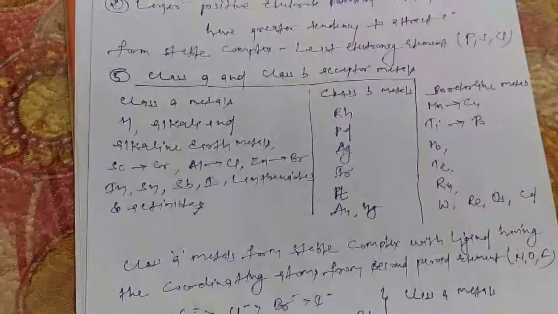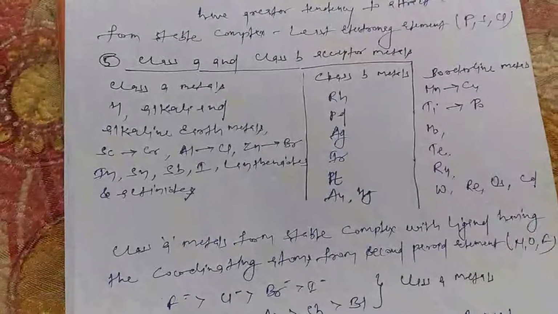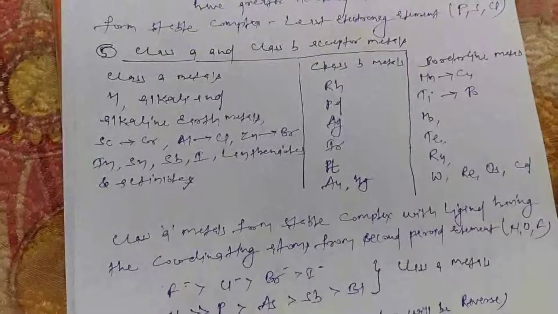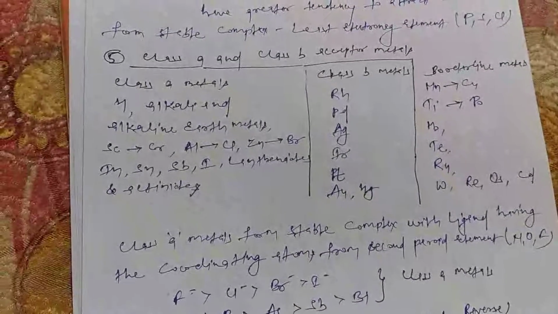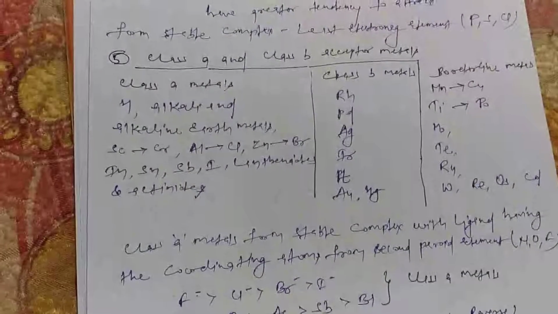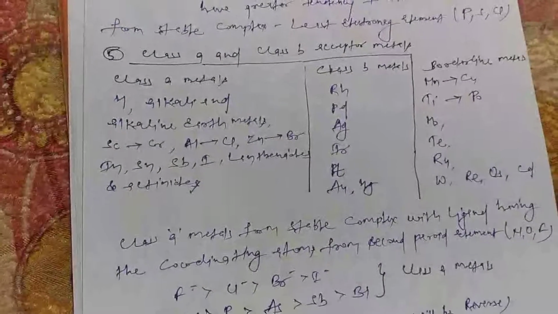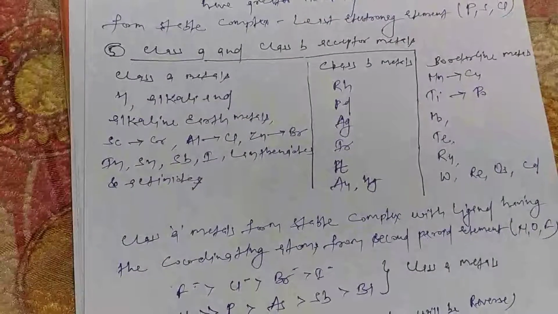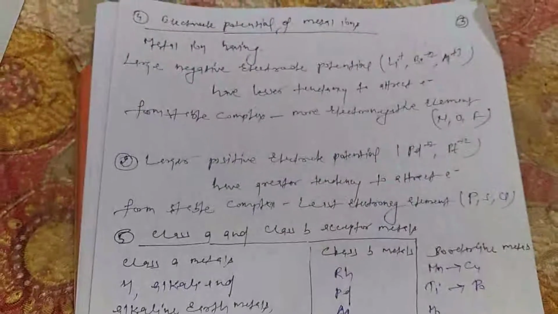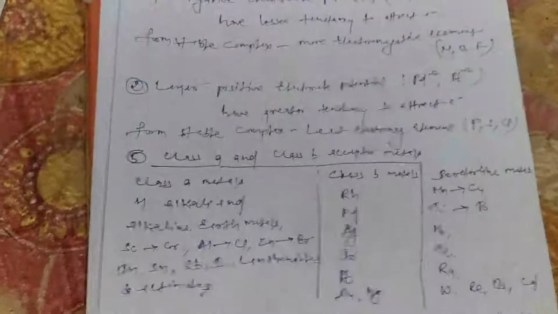In this lecture we discussed the properties of the central metal ion: the size of the central metal ion, the charge of the central metal ion, the metal ion acting as a hard acid or soft acid, class A and class B metals, and the electrode potential of metal ions. All these properties belong to the central metal ion. In the next lecture we'll talk about the ligand. Thank you so much.